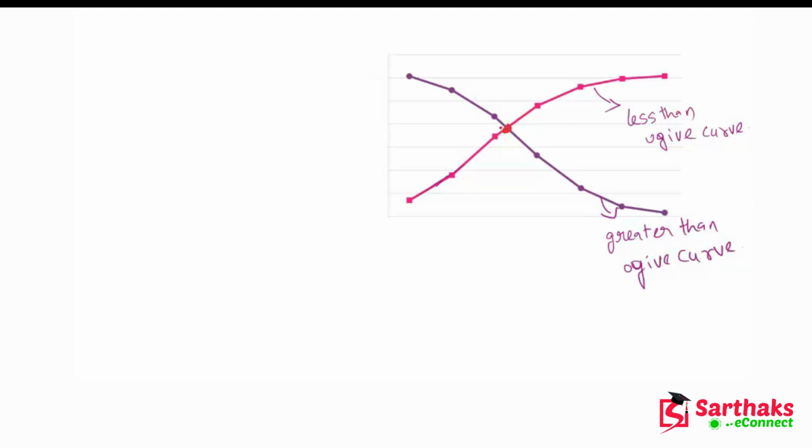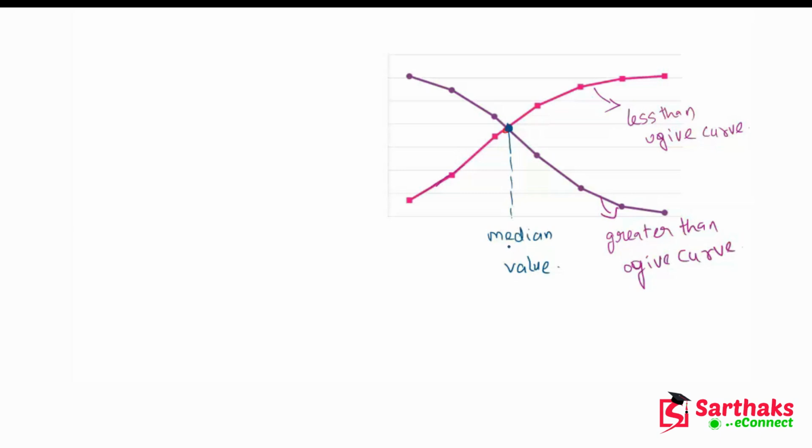So this is our intersecting points. So the intersecting points of these curves are the median value. Yes, these are the median value.